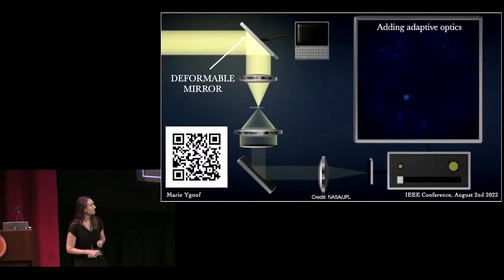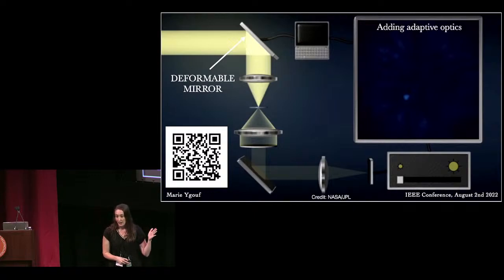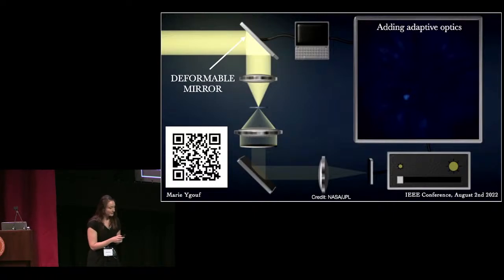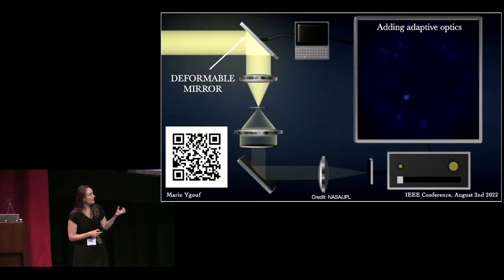In space, of course, we don't have any turbulence, but we can use this principle of adaptive optics to correct in real time the slowly varying aberrations of the telescope itself that are caused by some temperature variation, for example. And so by doing that, you're able to remove part of the residual starlight, but it's still not enough.